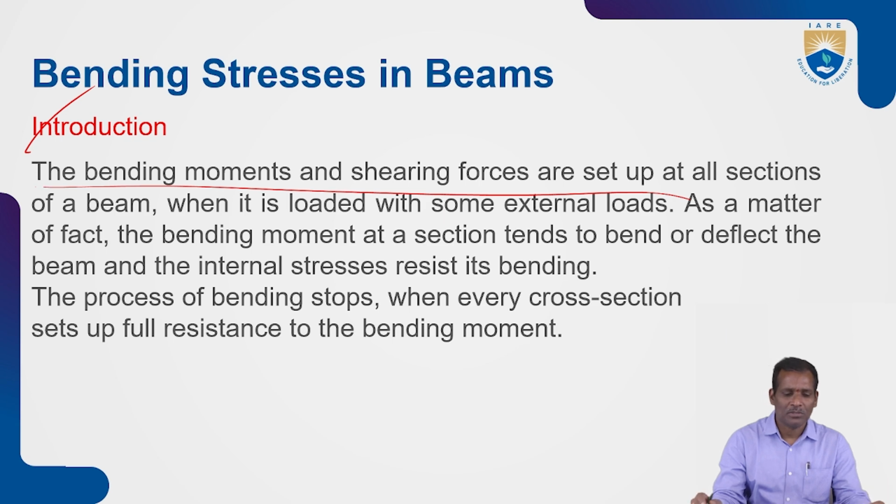Whenever the beam is loaded with some external forces, some shear force and bending moment will be set up in the beam. As a matter of fact, the bending moment at a section tends to bend or deflect the beam, and the internal stresses resist its bending.